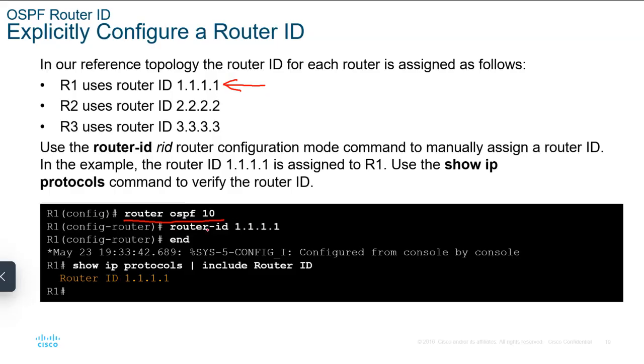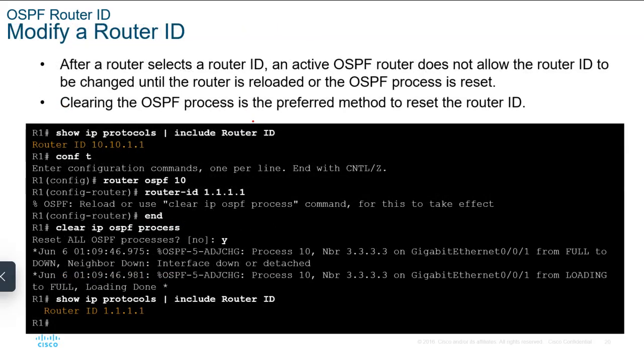So this is router-id 1.1.1.1, then end. If you try show ip protocols | include Router ID, as you can see it is here. So we can redo this for the 3 routers, even router 2 and router 3, but changing the router ID. This time on router 2 it will be 22, on router 3 it will be 33.